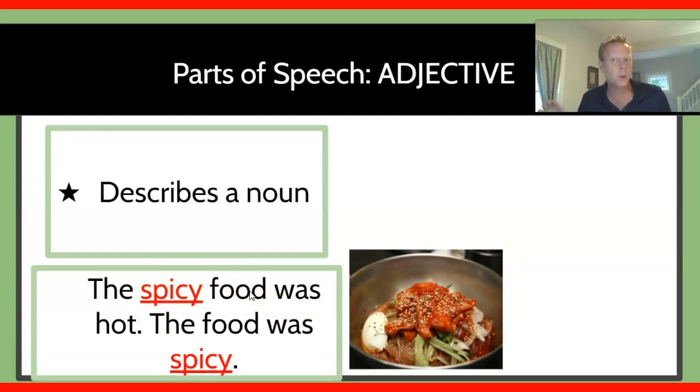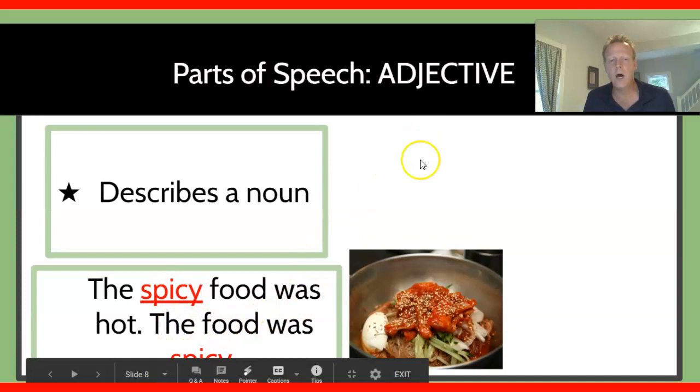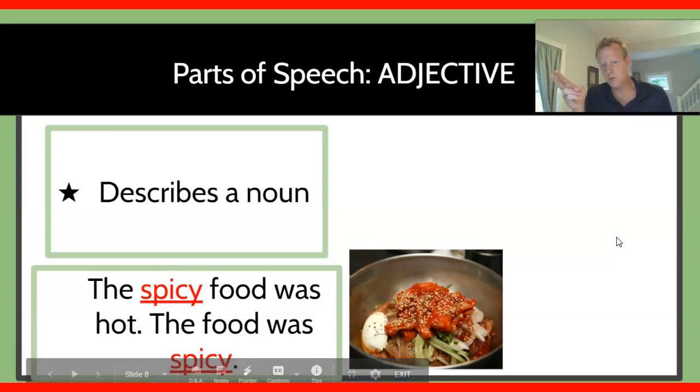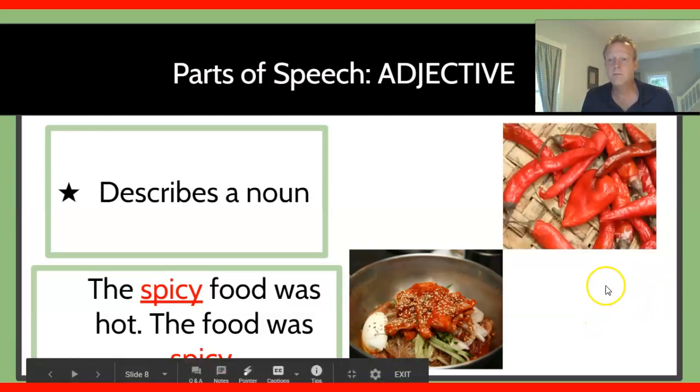That's a clue that it modifies. You will also find it in this format. The food was spicy. Remember, the be verb often acts like an equal sign. Spicy is still an adjective describing food in the second example. Those are some spicy chili peppers.